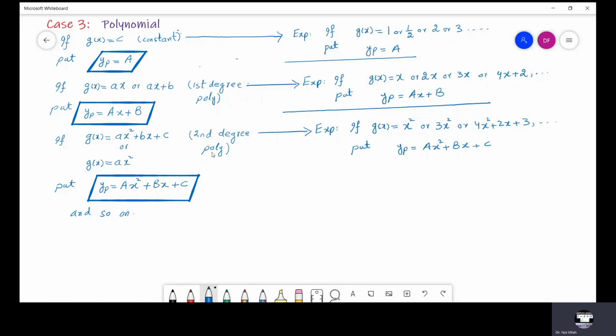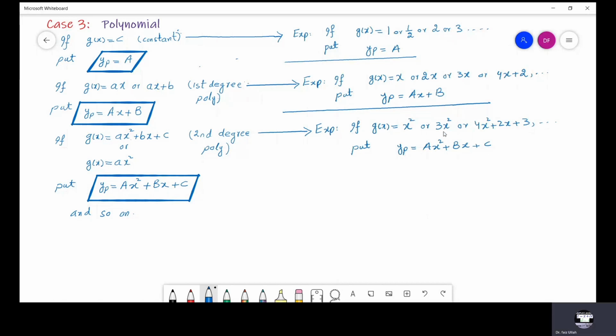Second degree polynomial. If g of x is equal to ax square plus bx plus c, or g of x is equal to ax square, we shall put yp is equal to ax square plus bx plus c. Let us see an example. If g of x is equal to x square, use this substitution.